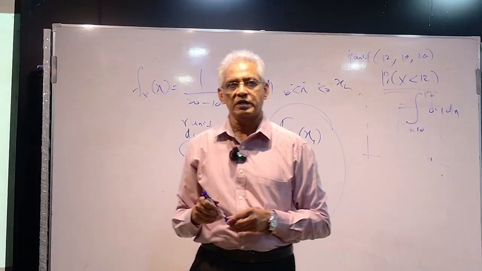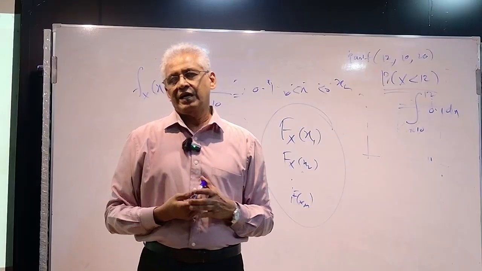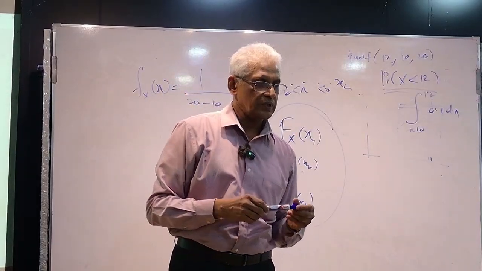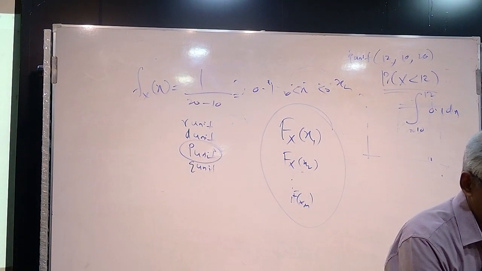Right. So that's how you get the probability x less than or equal to 12 of a uniform 10-20 distribution. So you can get the other values like that also.